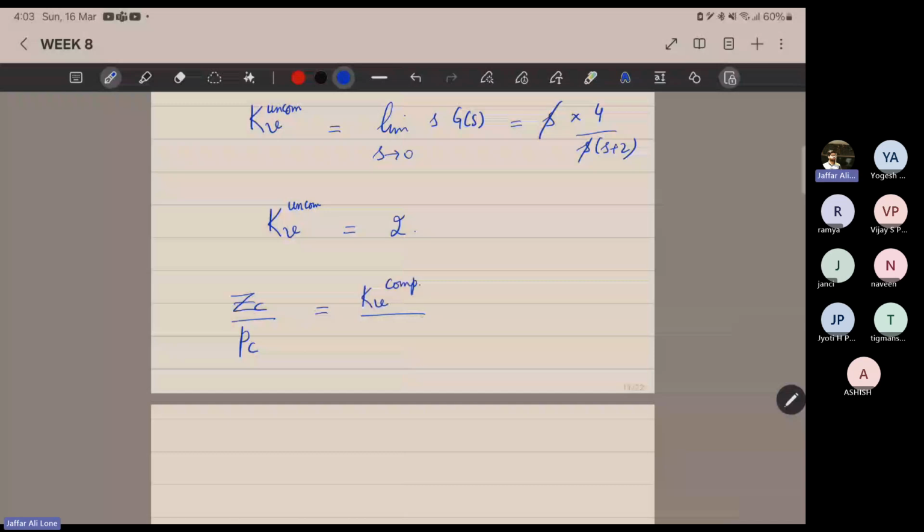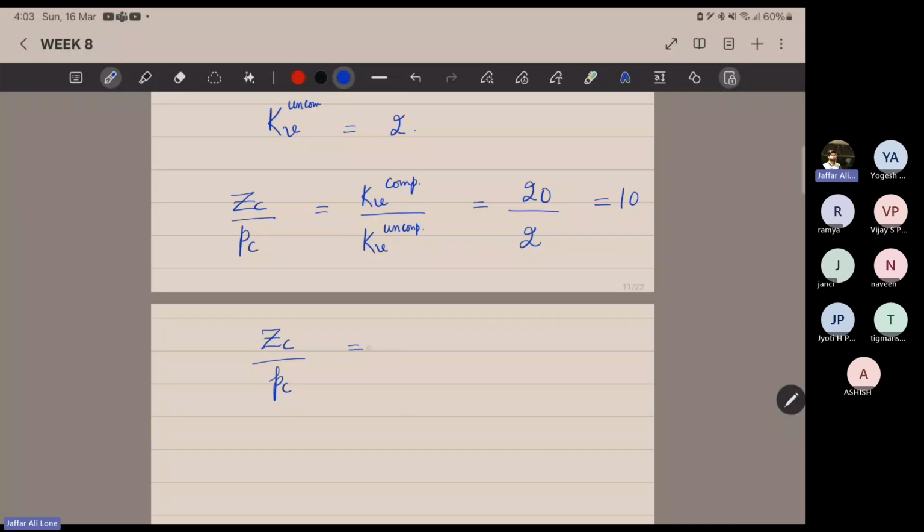Here it's coming out to be 20 compensated, and uncompensated is given as 2, so it's 10. So my ratio will be, if I'm designing a lag compensator for this system, my ZC over PC is 10, right?